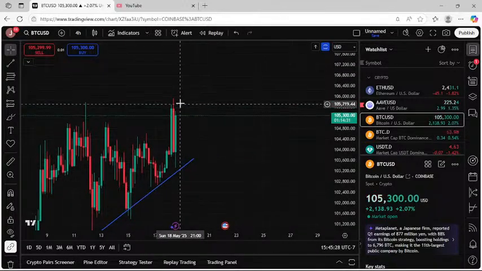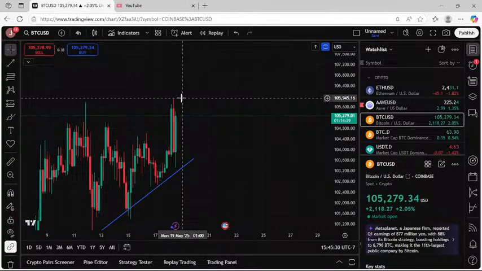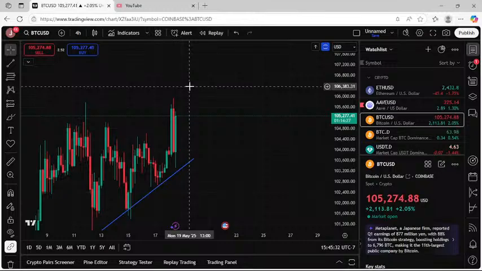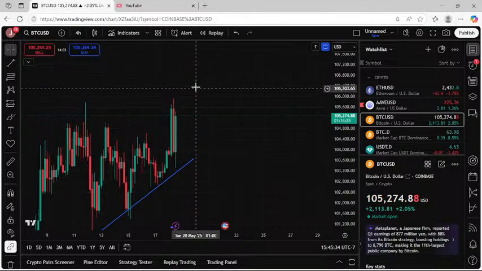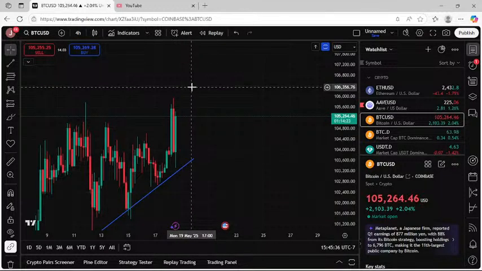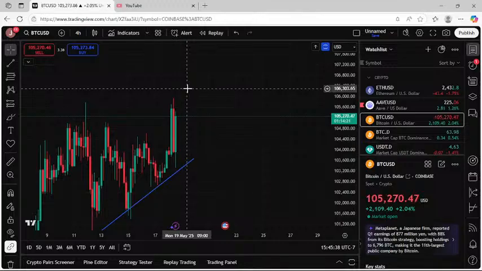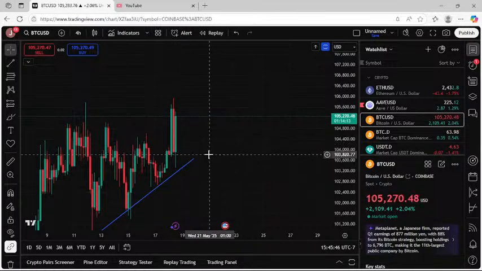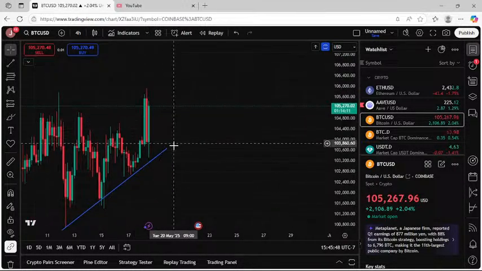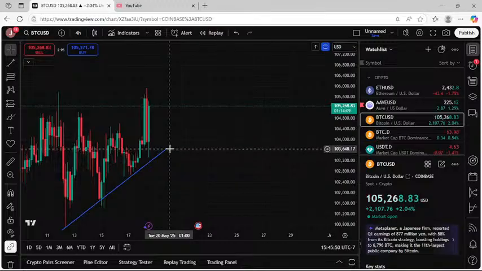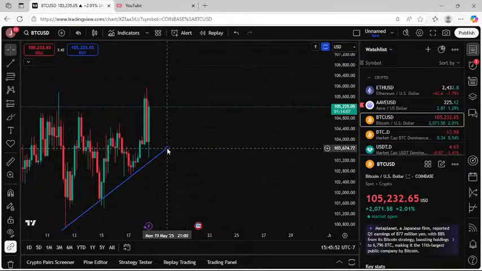Let me see. Have we tapped 106 today? We have not. I would not be surprised if we hit up here, get just enough penetration in there and go from there. That's when I think we reject really hard, and we're going to test out this trend line.